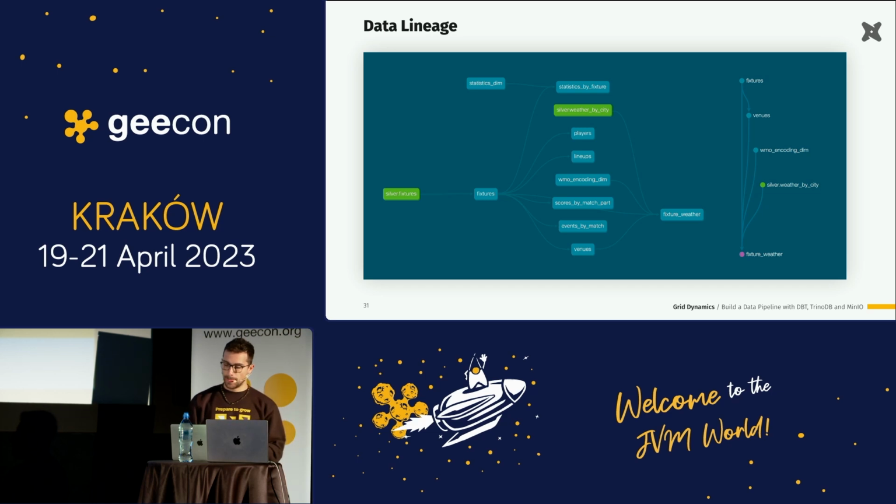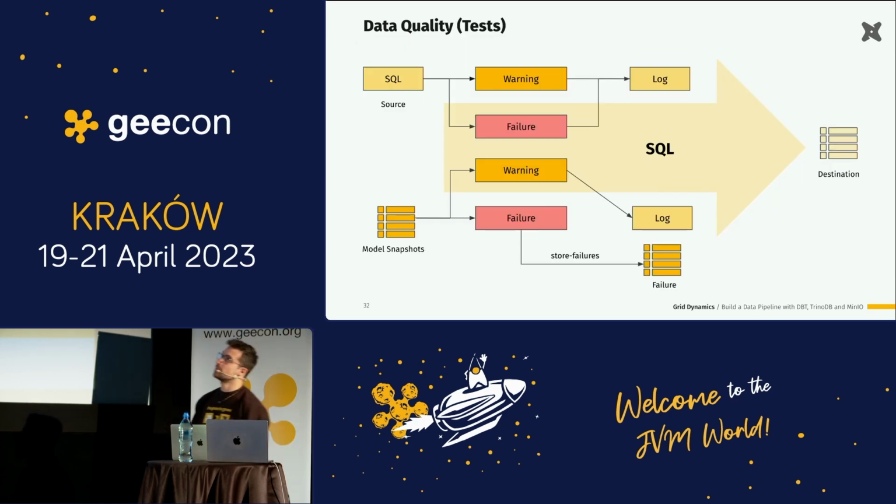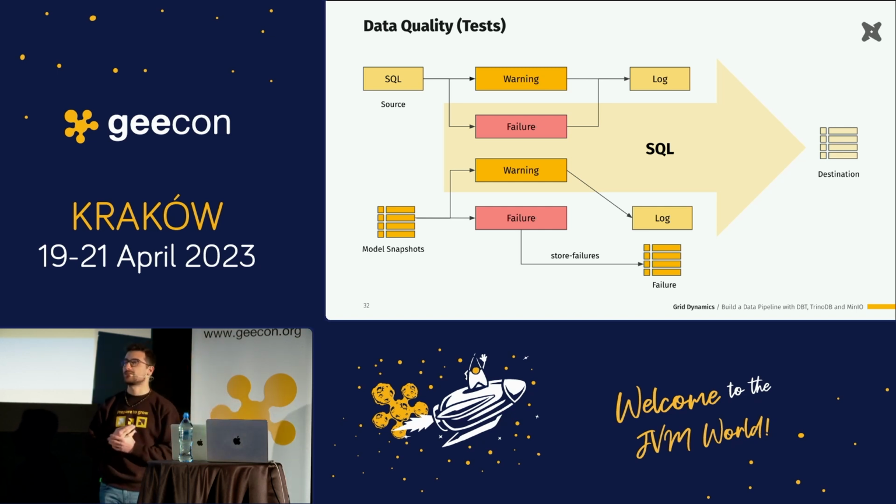Okay, third category, data quality. How many times do you have to go back, get the last valid record, then move forward and say, oh, damn, maybe I could have checked that column earlier, and now it's null, but it was supposed not to be. In DBT, you can have two levels of data quality, warning and failure. In failure, you can either store the error and go forward, or you just break the pipeline. So you say, okay, we have corruption, we stop.